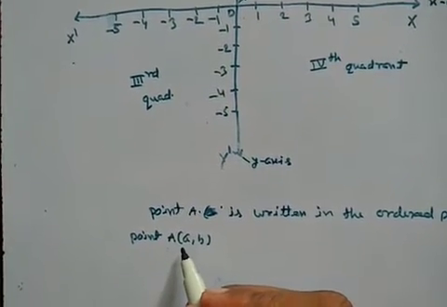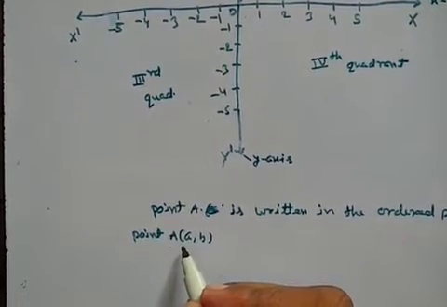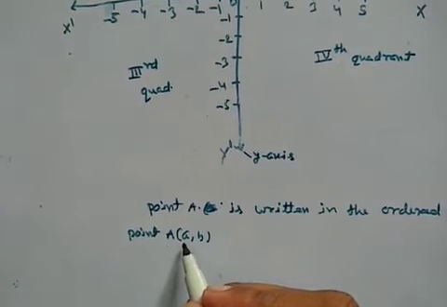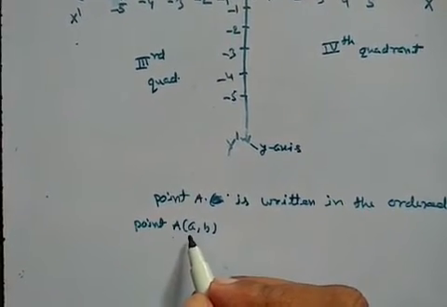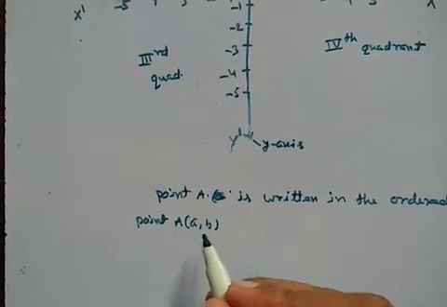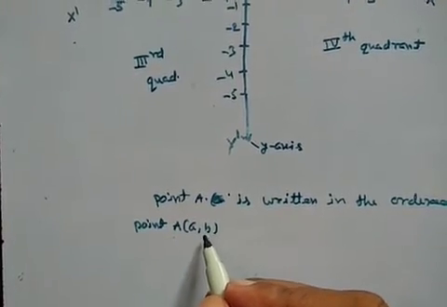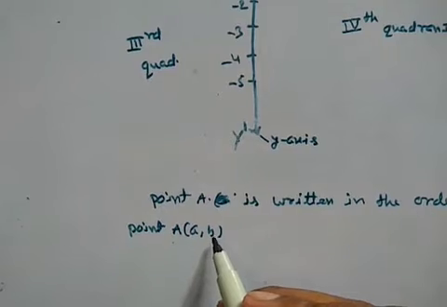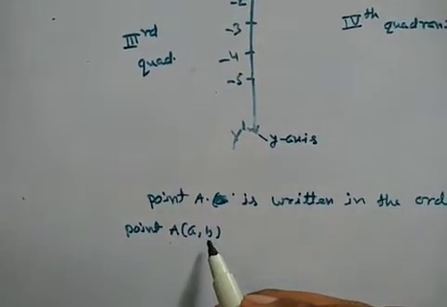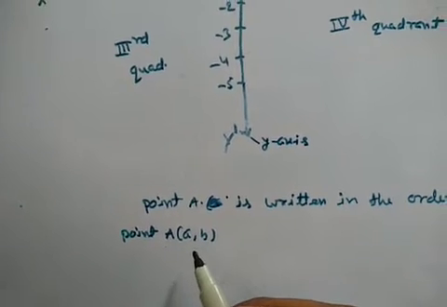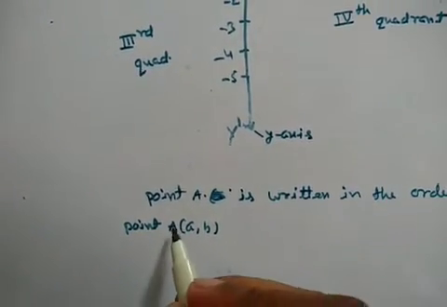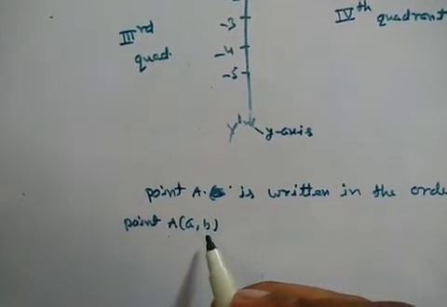The x coordinate is also known as abscissa, and the y coordinate is also known as ordinate. Children, remember, an ordered pair is always written in small brackets like this.